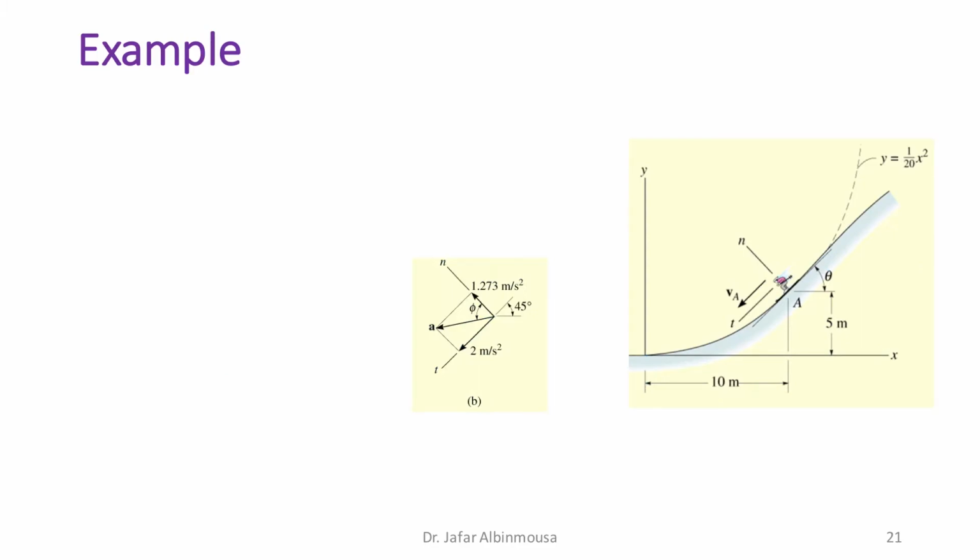Next is to find the acceleration. So the acceleration as a vector is equal to v dot ut plus v squared over rho un. Now, clearly, we need to know what is the curvature.